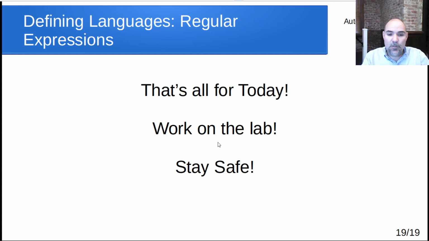And next class, we are going to do something a little more interesting with those regular expressions. Remember how we said they were like algebra? Well, one of the cool things about algebraic expressions is you can manipulate them using algebraic properties, like the associative and commutative properties.